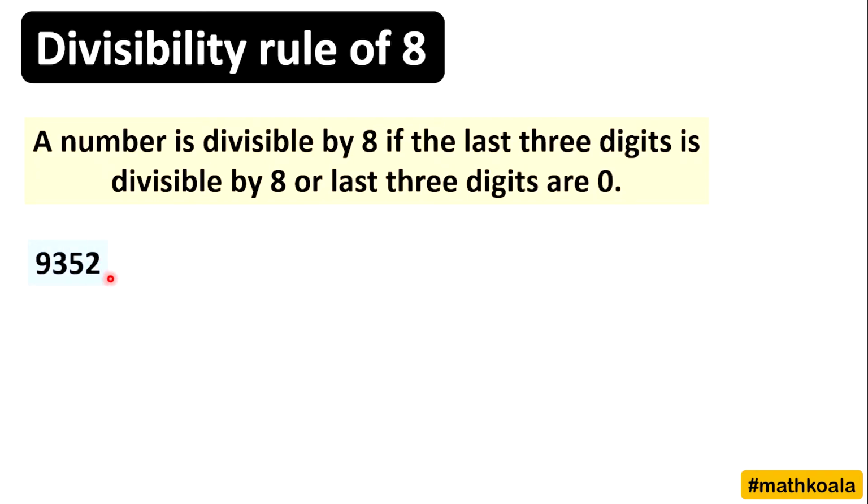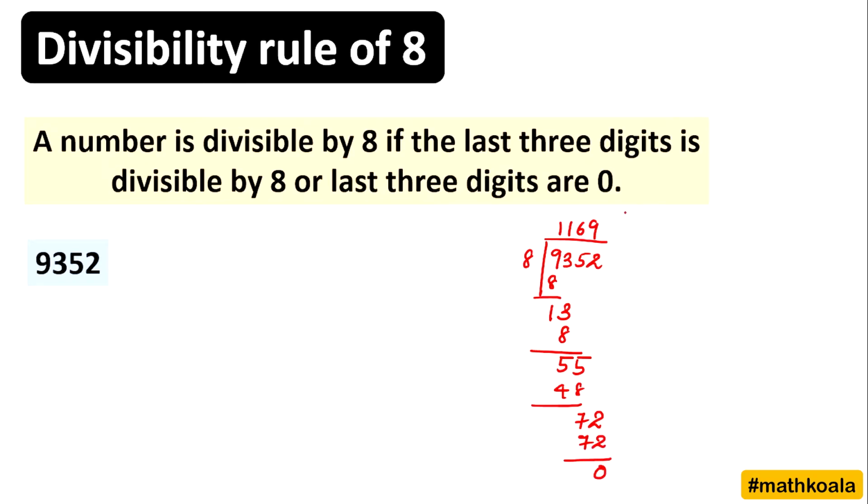Consider this number, 9352. Let's divide this number by 8. 8 times 1 is 8. 9 minus 8 is 1. 13. 8 times 1 is 8. 13 minus 8 is 5. 55. 8 times 6 is 48. 55 minus 48 is 7. 72. 8 times 9 is 72. 72 minus 72 is 0.